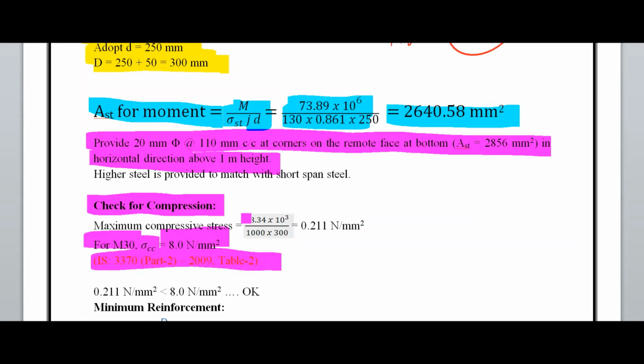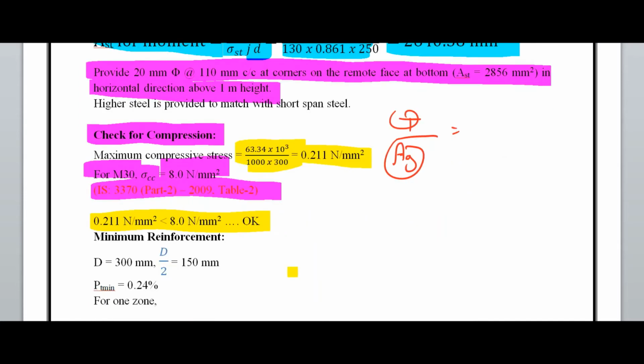For the compression force, we have the equation T divided by AG, where T means tension and AG means area of gross of concrete. So the value is 0.211, which is less than 8. So this check for the compression is okay.